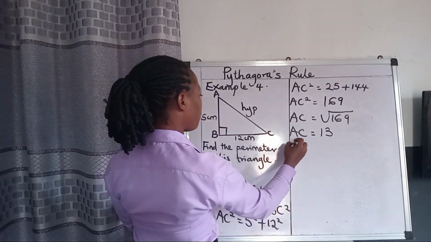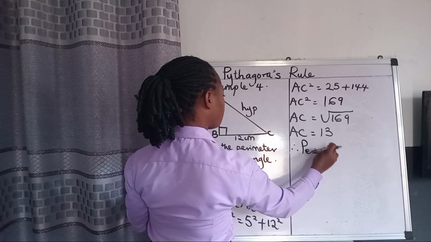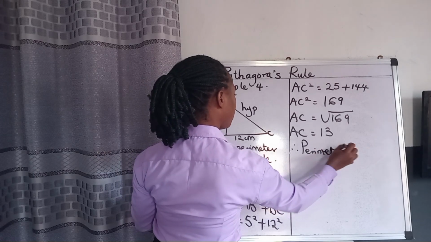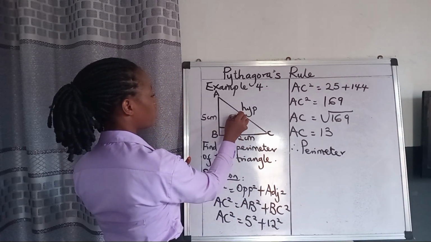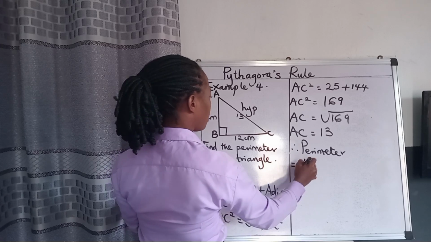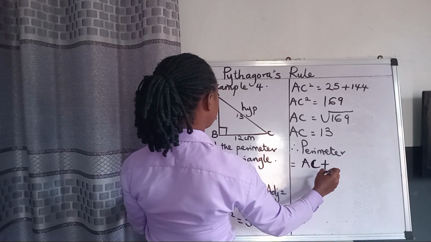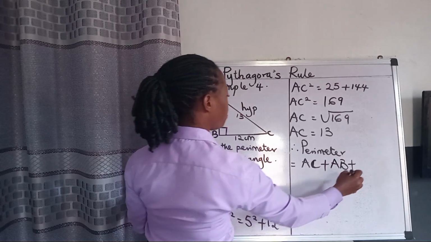Moving on, to find the perimeter, okay? Now, perimeter of any shape is simply the total distance around the shape. So now we have found AC to be 13. So to find the perimeter, we simply add length AC plus length AB plus length BC.